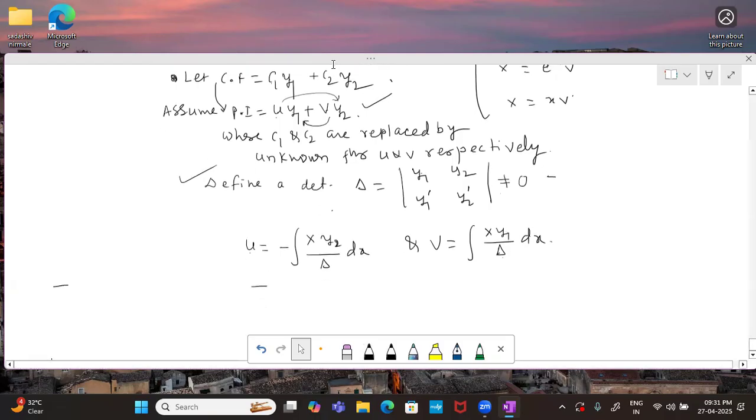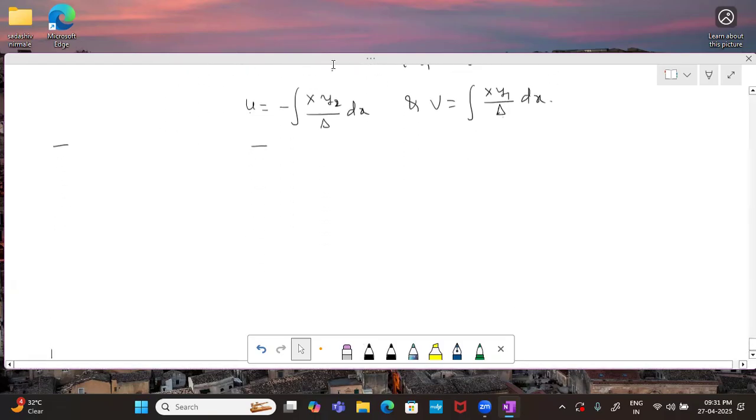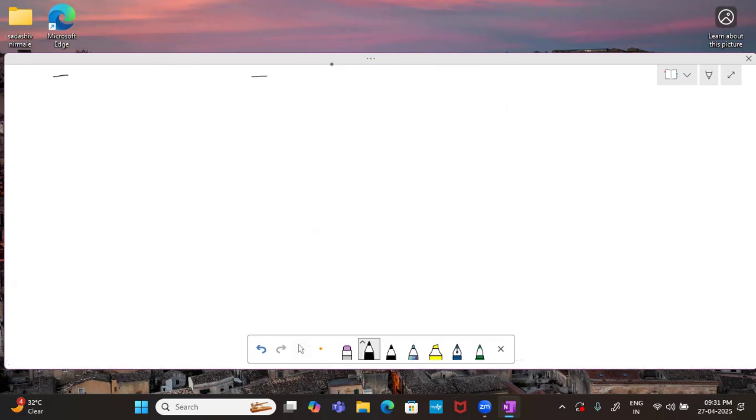And remember that in this method of variation of parameters, if we require integrals at some stages, we have to use these formulae from integration: integration of sin ax, integration of cos ax, integration of tan ax.